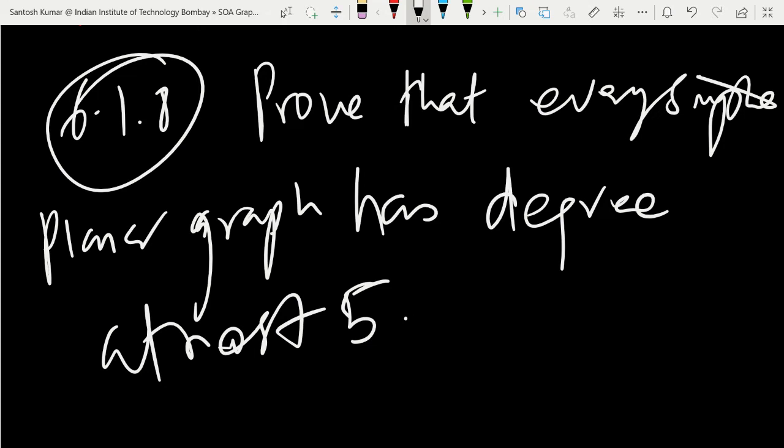So how will you prove that every simple planar graph has degree at most 5?